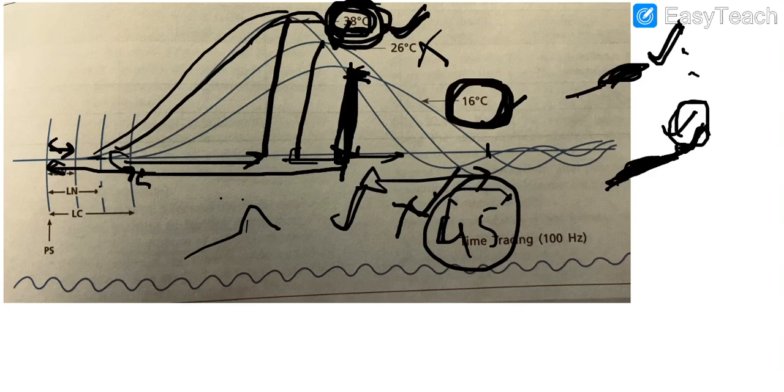Why? Because all these events, whether we are using the 16 degree or the 38 degree, are happening within the physiological limit. So once we cross the physiological limit, there will be denaturation of the protein, right? And what are the enzymes? All the enzymes are protein. So there will be denaturation of the enzyme, so enzyme activity won't happen, there won't be any metabolic activity.